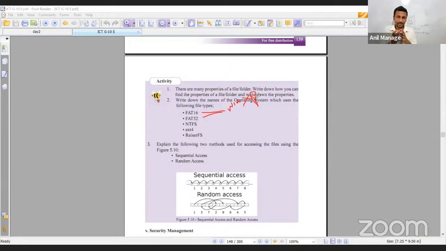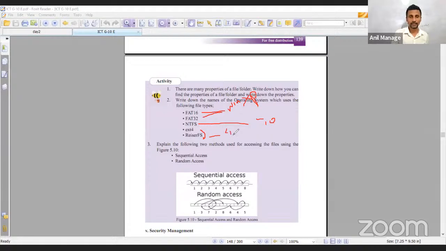Then what about encryption? It's a deep part. Even the notes only give the example. So this is related to Windows XP and the older versions. But Windows 8, 10 and 11 are all related to the NTFS file system, the New Technology File System. ext4 and ReiserFS are related to the Linux operating system.